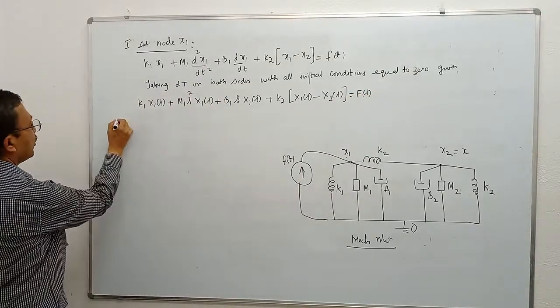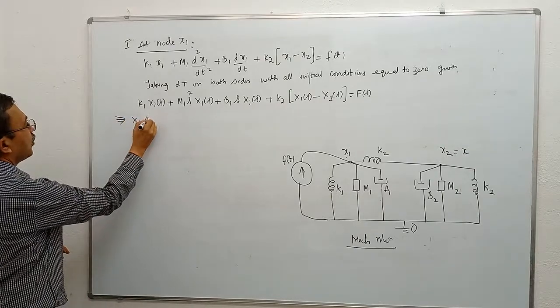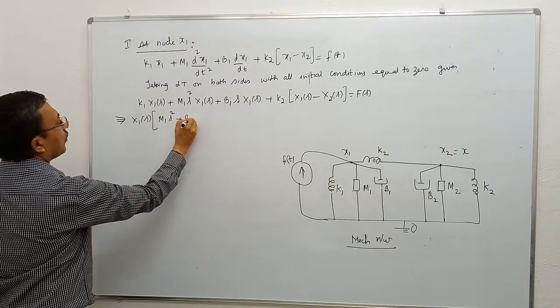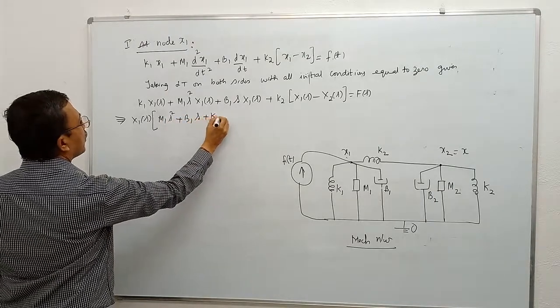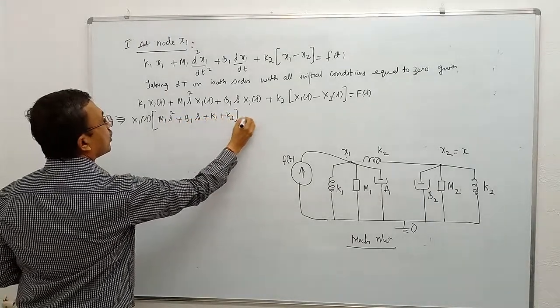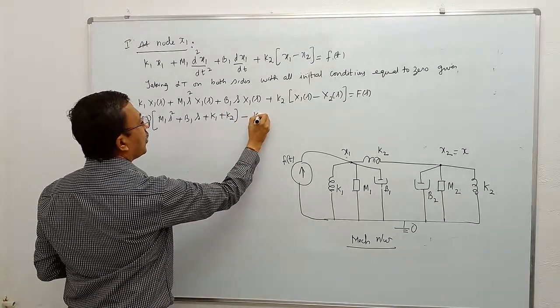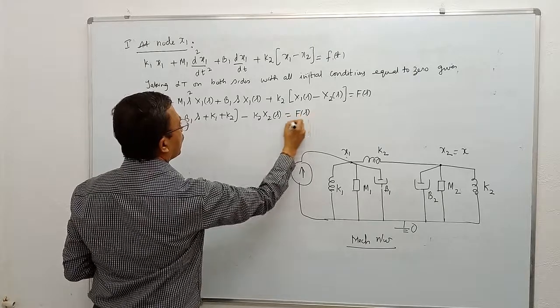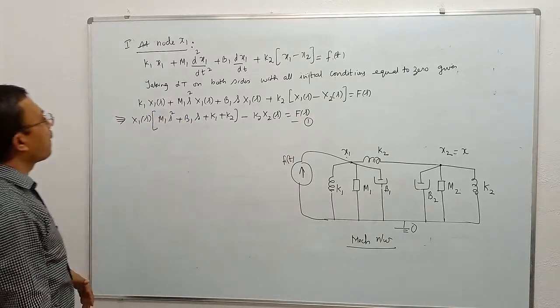Now write X1 of s terms together. Take X1 of s common. You get M1 s square plus B1 s plus K1 plus K2, minus K2 into X2 of s, is equal to F of s. This is equation 1.